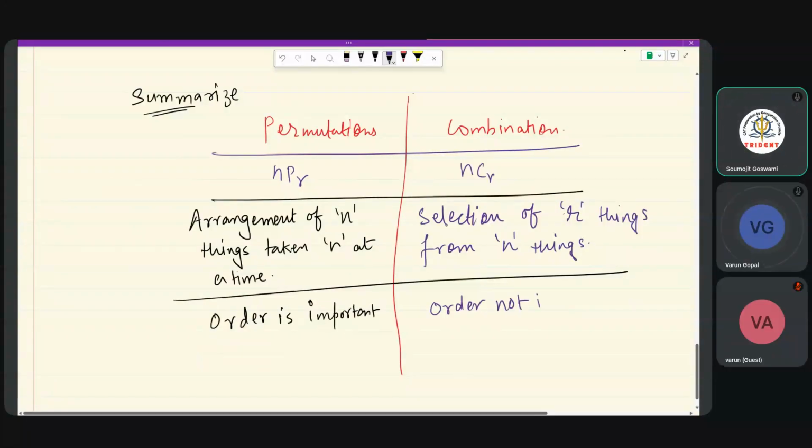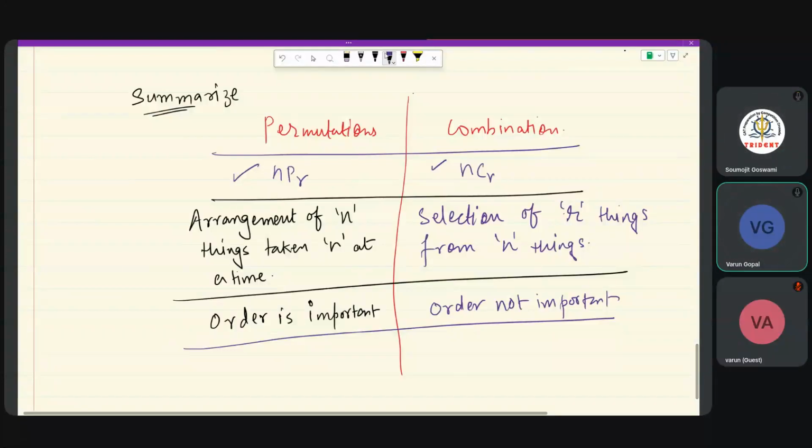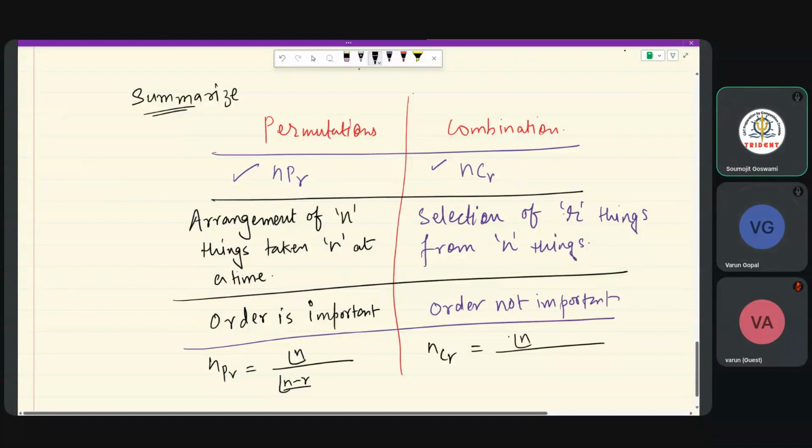Not important. So notation we know, NPR, NCR. If I just quickly ask you what is the formula? Formula for NPR would be factorial n by factorial n minus r, that's it, nothing. This is NCR, that is factorial n by factorial n minus r into factorial r.